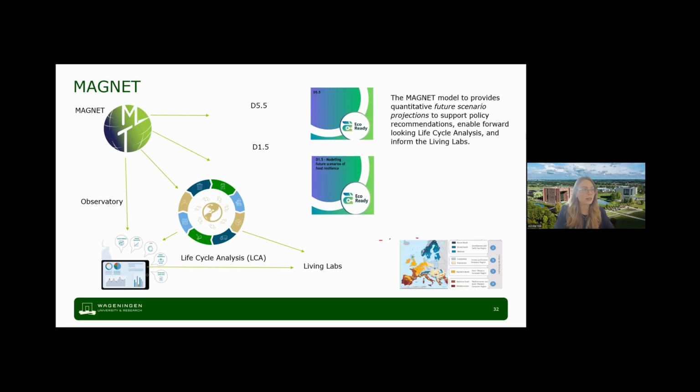Later we also reflect on the limitations of this approach, but we're really exploring here if we can combine the future projections and the SSP scenarios of Magnet to really link to the quantification of impacts, because that would be really useful. So we're really trying to fine-tune this approach.